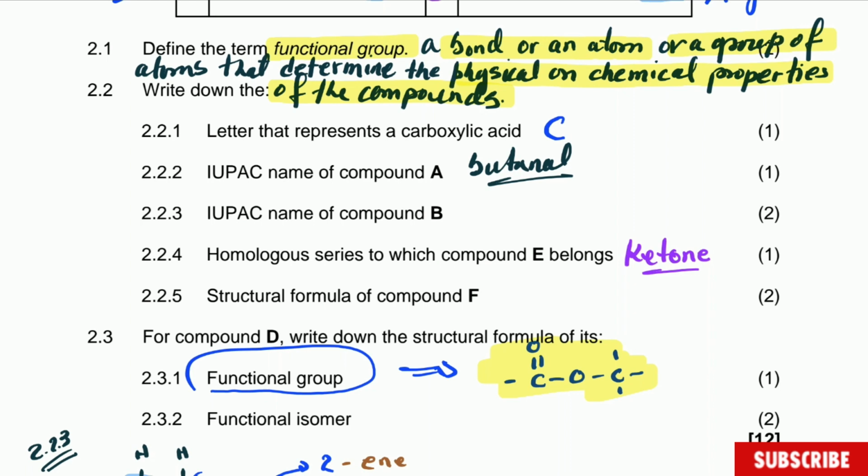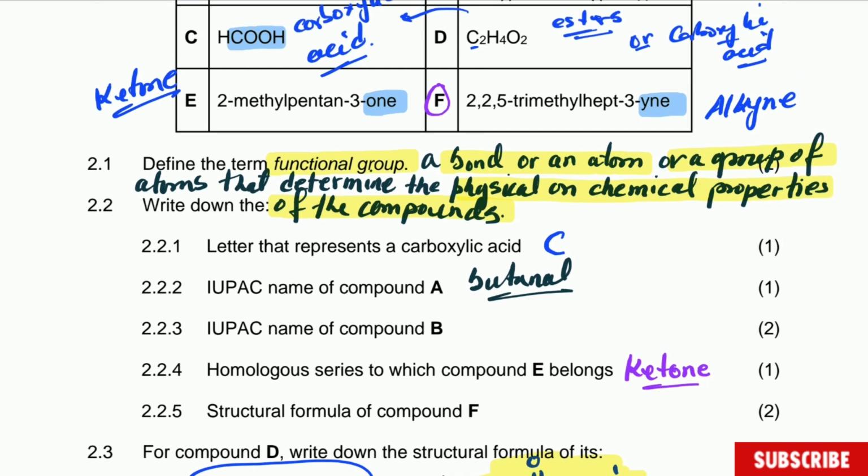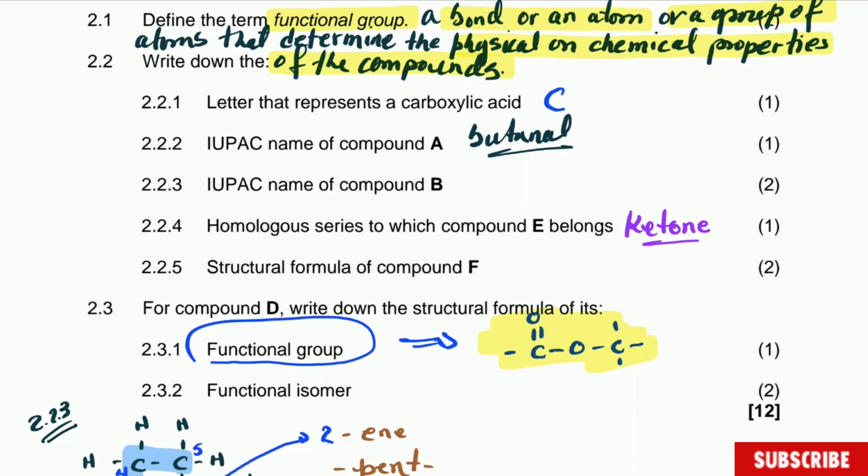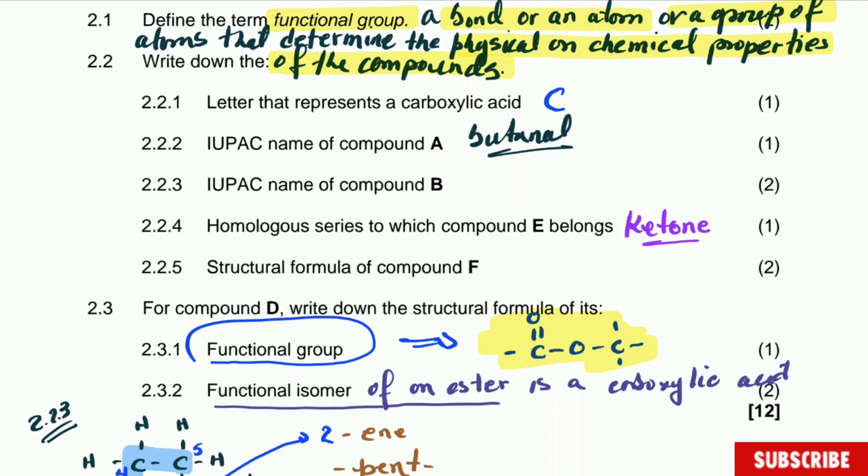So we are dealing here with an ester of 2 carbons. Now they want the functional isomer, and I want you to take note here. The functional isomer of an ester is going to be a carboxylic acid.